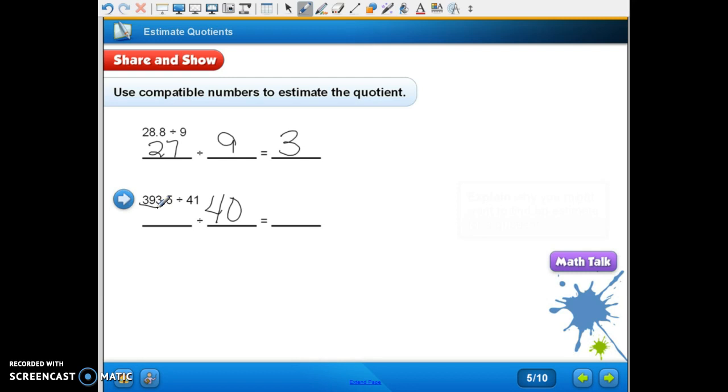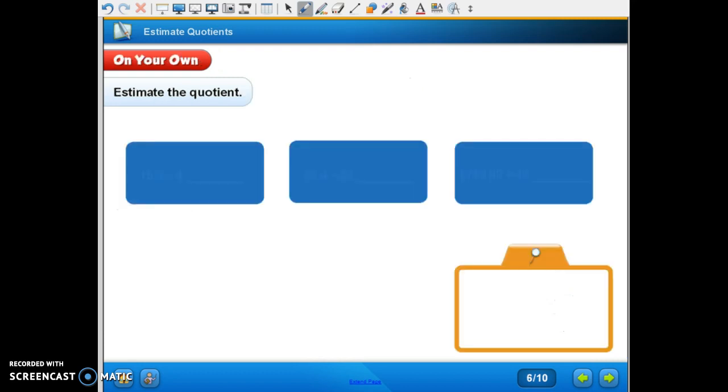So which is closer, 36 or 40? 40. So what can we round this to? 400. And how many 40s in 400? 10. So that's what you need to be thinking of. How many 4s can go into 39, or what's the next closest number they can go into? Okay?